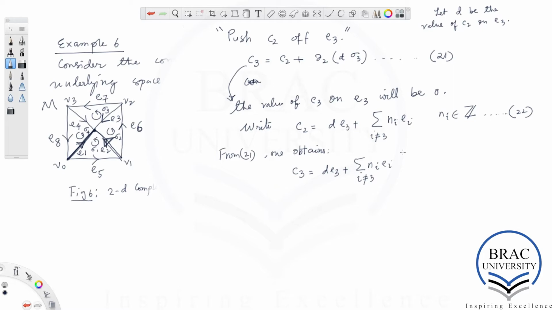This is C2, and then D times the boundary of sigma 3, which is E7 plus E4 minus E3, right? So DE3 cancels against this minus DE3, so that we have some Ni prime times Ei, where I is not equal to 3, and these Ni primes are some integers.